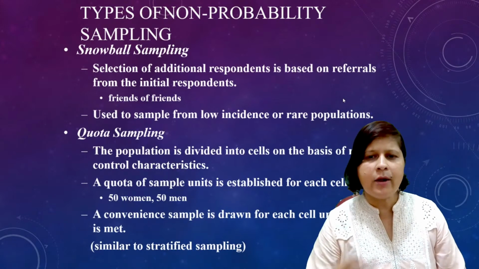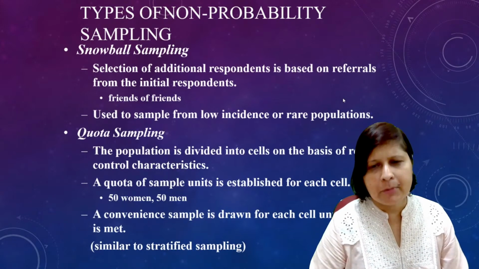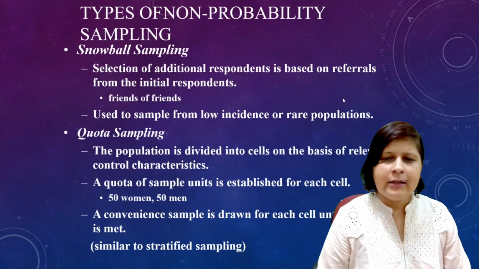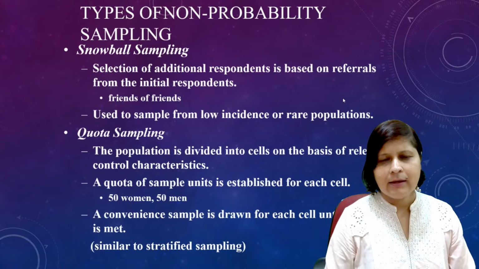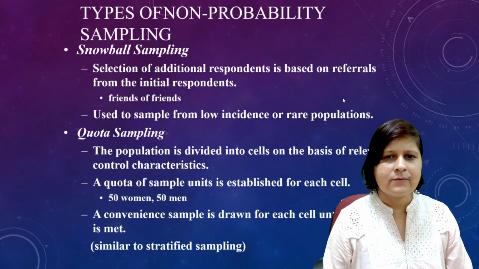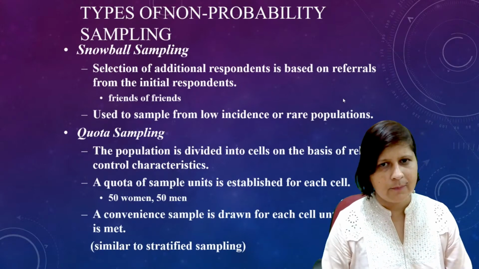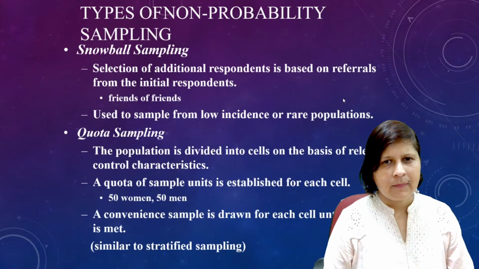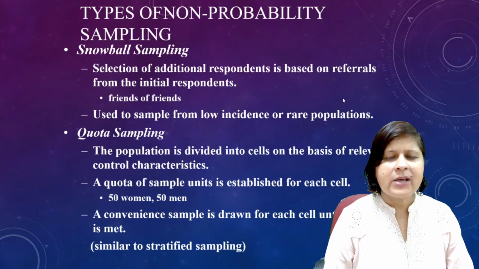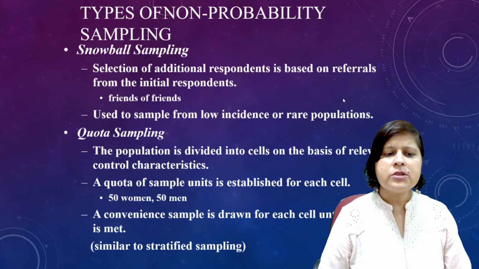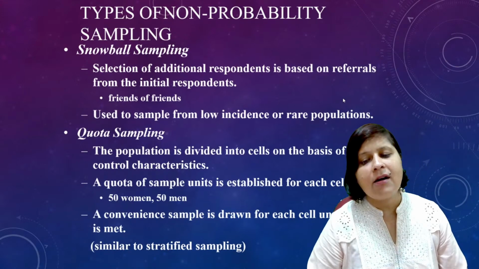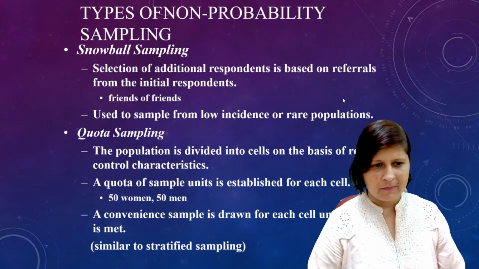Maybe I know only one or two who have given birth to twins, right? Then I can ask them if they know someone else. They can refer me to someone else who has twins, right? So this type of sampling is known as snowball sampling, used to sample from low incidence or rare populations.